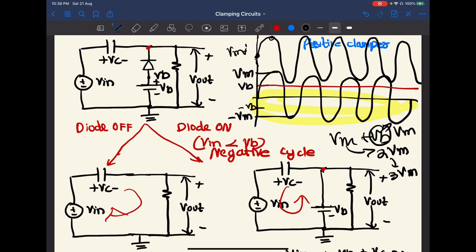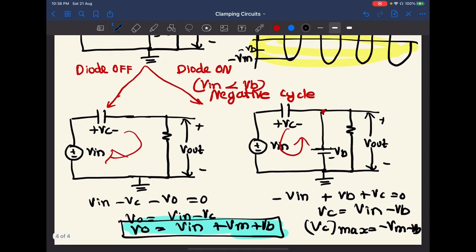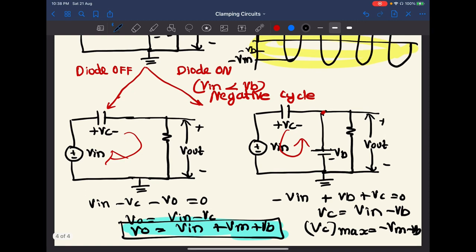Next case is, what if it is a negative bias? All the conditions remain as such, there is no change, only we are changing the direction of the battery. So in the output wave, what is the change there?